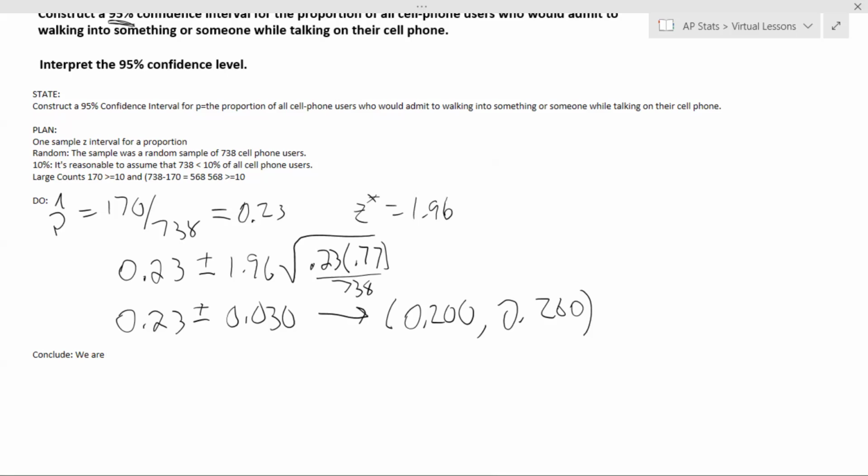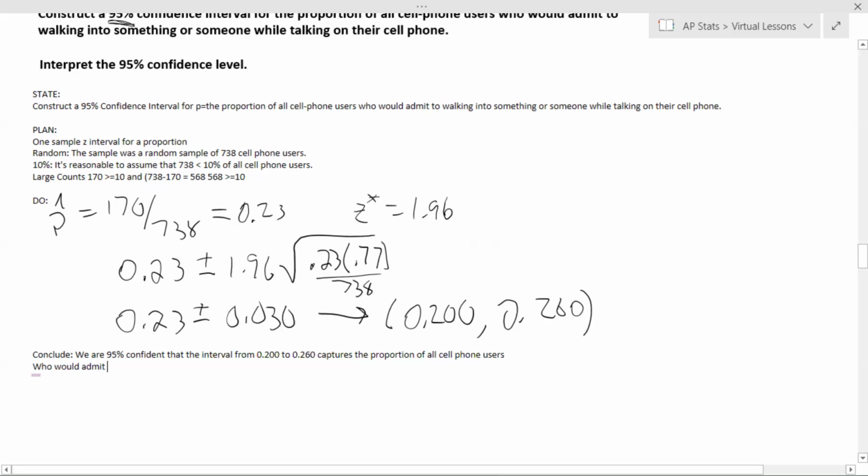We are 95% confident that the interval from 0.200 to 0.260 or 0.261 captures the proportion of all cell phone users who would admit to walking into something or someone while talking on their cell phone.